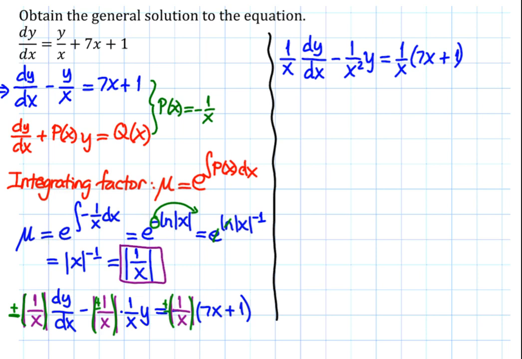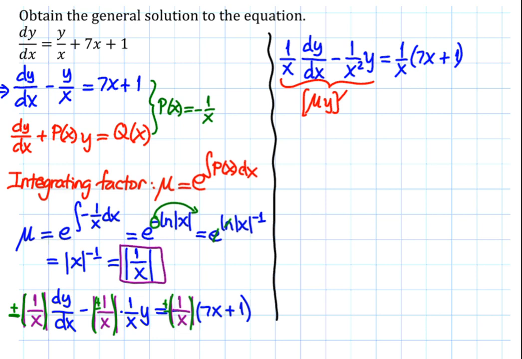All right. So for the linear first order equation, we know that the left hand side, when we combine all of this, will be just the derivative of mu times y. So what we have on the left hand side is the product rule.